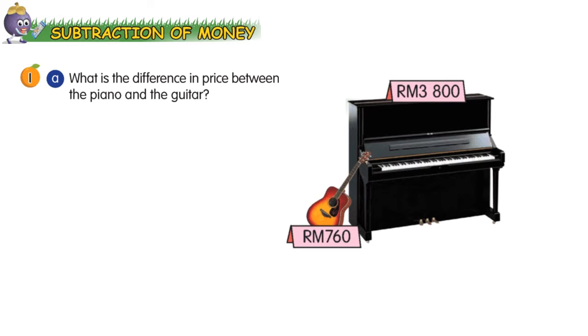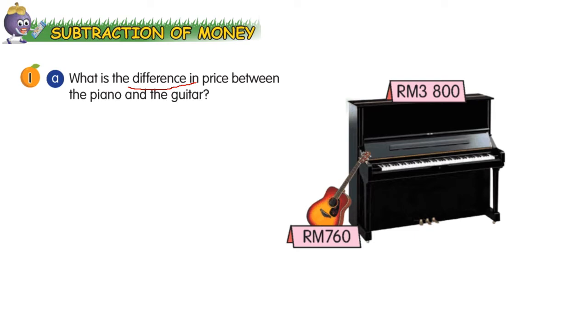Now look at the first example. From the picture you can see a guitar and a piano. The price of a guitar is 760 ringgit and a piano is 3,800 ringgit. The question here is, what is the difference in price between the piano and the guitar?